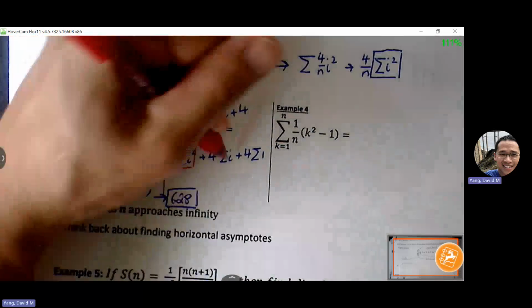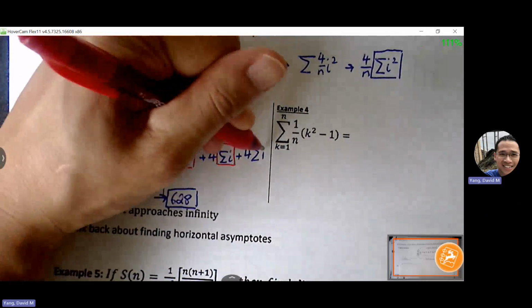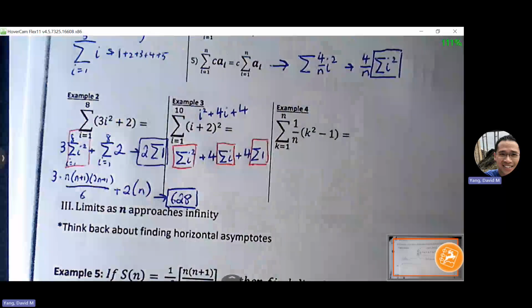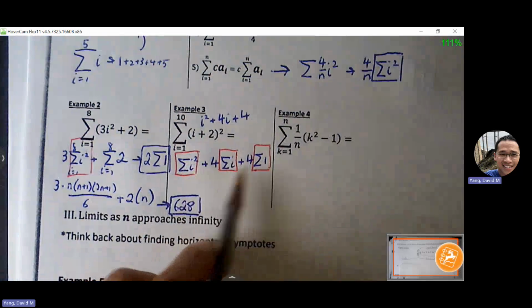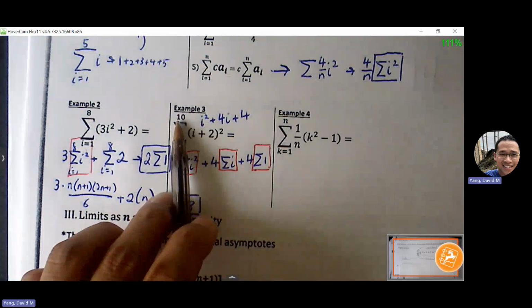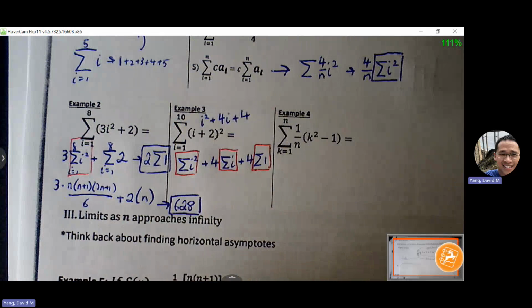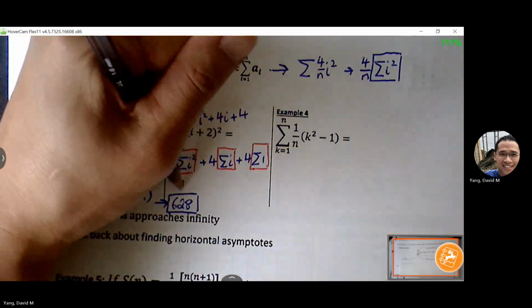Summation i squared has its own rule. Summation i has its own rule. Summation 1 has its own rule. So we replace them in terms of n, and then replace all of them with 10. So it ends up giving us these numbers here.